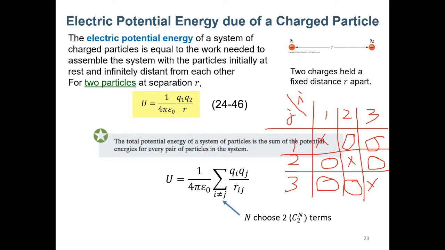And actually, these two are the same, so we only count the upper triangle or the lower triangle, either one of them. So for this one, you have three terms: 1,2, 1,3, and 2,3. Okay, I think it should be clear enough.